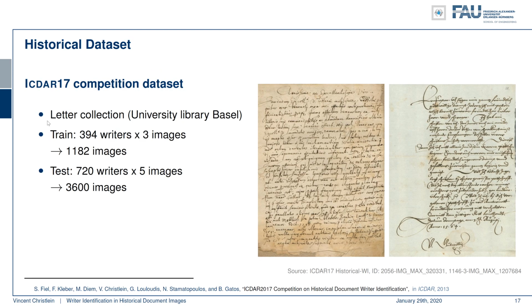Now in historical documents, there is a competition data set from 2017 consisting of about 720 writers for testing, each contributing 5 images. We made sure that all these images come from different documents, so that not only the background gives a good clue, but it's more on the foreground.